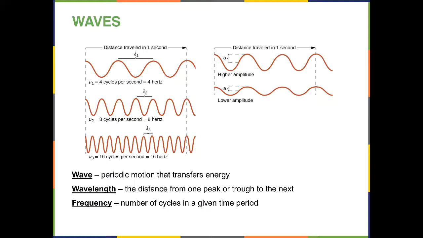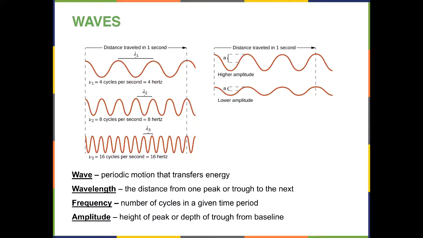So the first wave, lambda 1, has a frequency of 4 cycles per second, or 4 hertz. The second one is twice as quick, or 8 cycles per second. And the third one, lambda 3, has a frequency of 16 cycles per second, or 16 hertz.